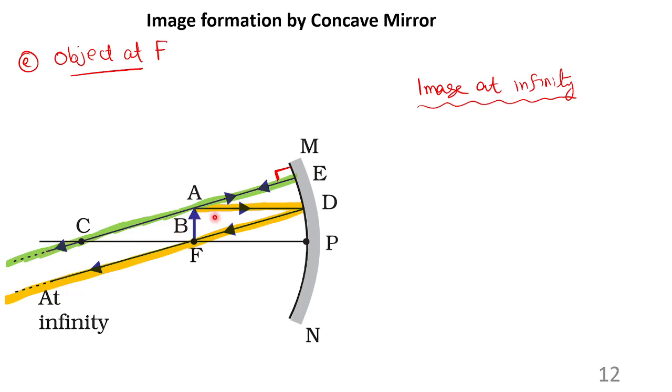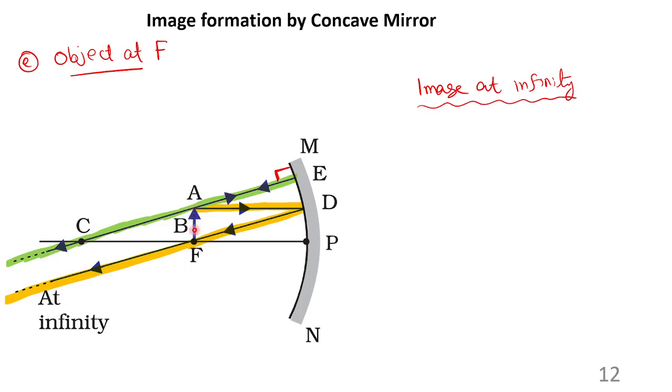No. If you draw a neat diagram, you can see that they will never meet. They are going parallelly. These two parallel reflected rays never meet. Or we say that they meet at infinity. Formally we say that they meet at infinity. In fact, they never meet.